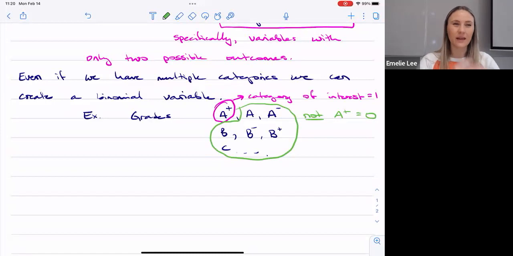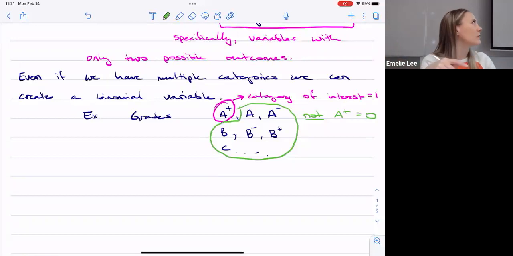Typically, the thing that we're interested in is a rare outcome. So things that we might be interested in are, did someone die from a disease? Yes or no. Even though we call them success-failures, usually a success is bad, because that's the thing that we want to get a handle on. It doesn't have to be bad. In this case, an A plus is really good.